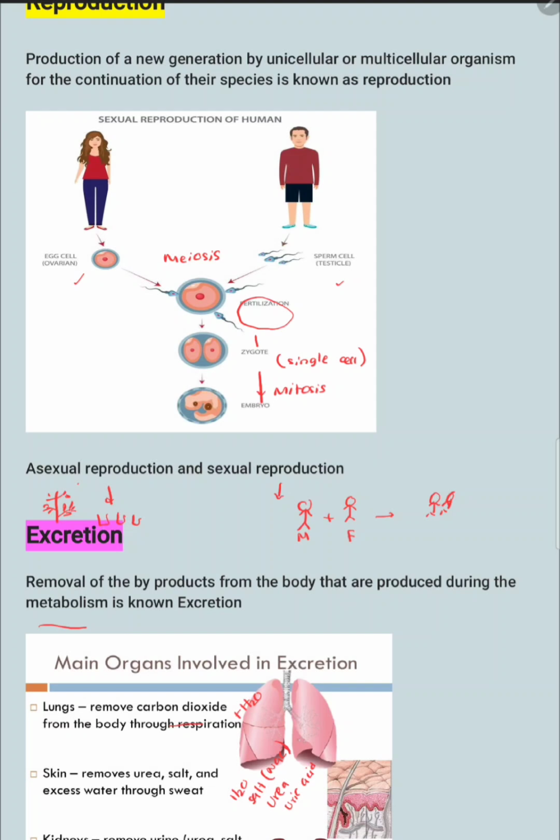And in asexual reproduction the offsprings are similar to each other as well as to the mother organism, but in sexual reproduction the individuals are not identical to each other, and they are not similar to the parental organisms.